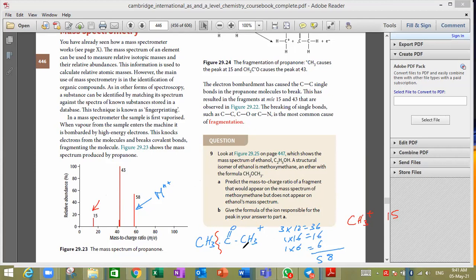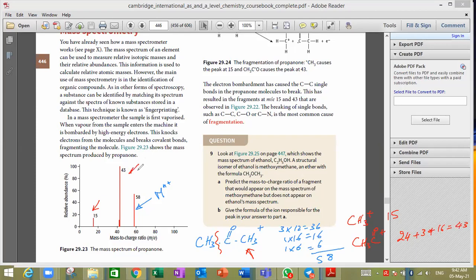Now, this is a CH3 positive ion, or else it can be broken to give the C double bond O positive part, this part. So if it gives us this ion, we have 2 carbon atoms, 24, plus 3 for the hydrogens, plus 16 for the oxygen, which makes 43.